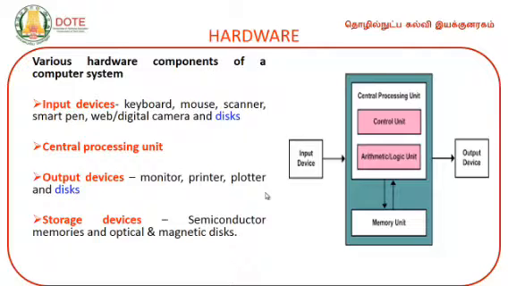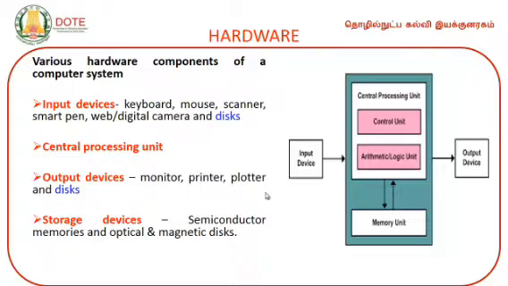Now, the hardware, see what are the devices used in the computer machine. In a computer there are certain devices used to give the values into the system. They are called input devices like keyboard, mouse, scanner, smart pen, web camera or digital camera and discs. Keyboard is the most useful input device for entering alphabets and text.